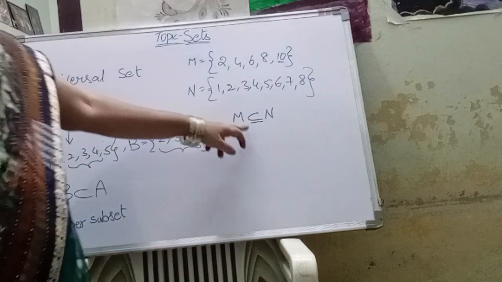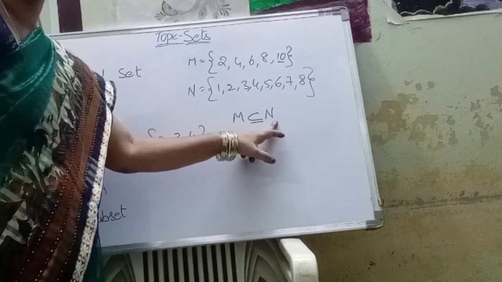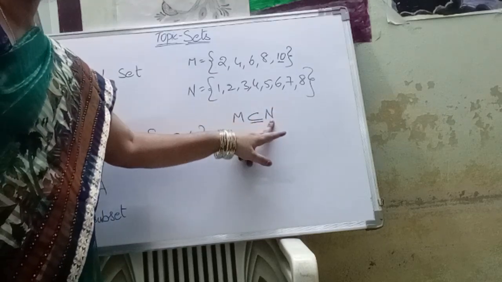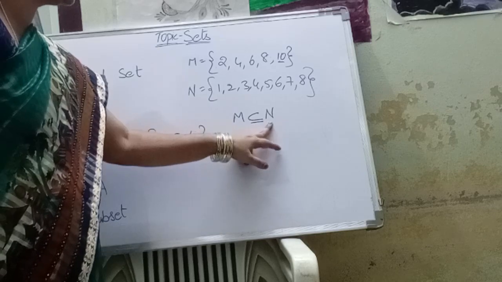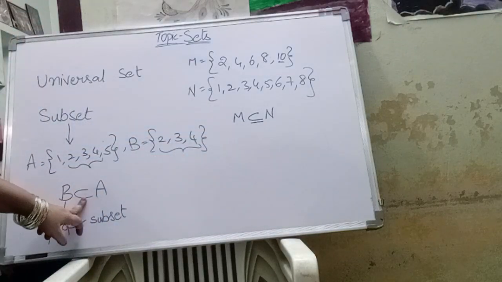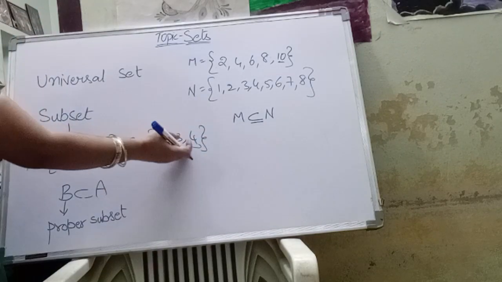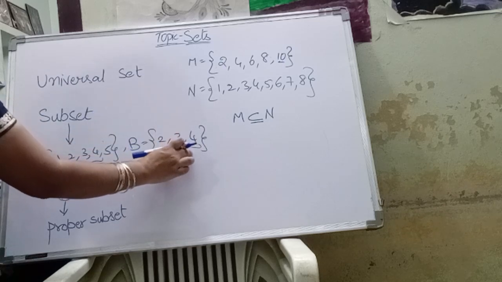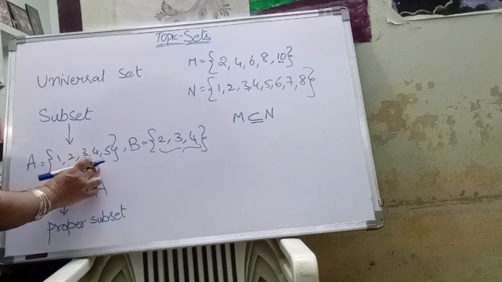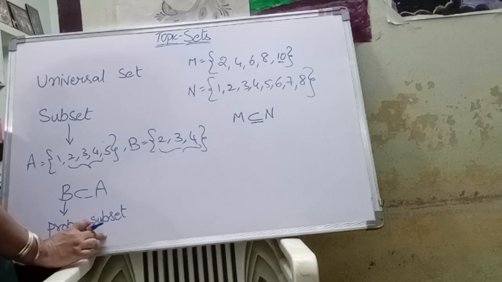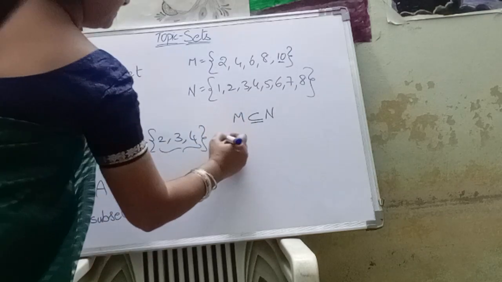It means nearly a subset. It is not an exact subset. Nearly it is a subset. But here if you observe 2, 3, 4, whatever the elements in B, all are there in A, then it is a proper subset. Understanding? One more example.